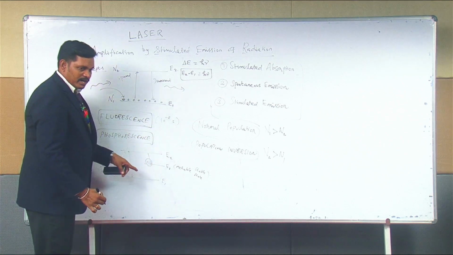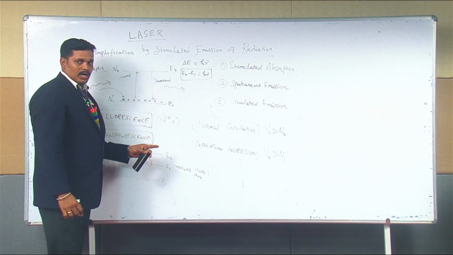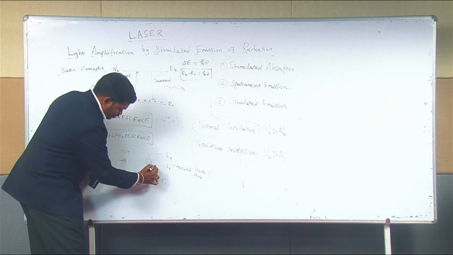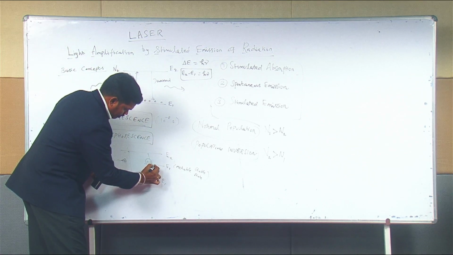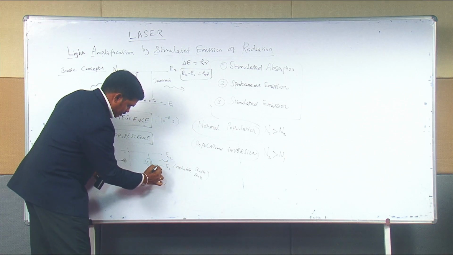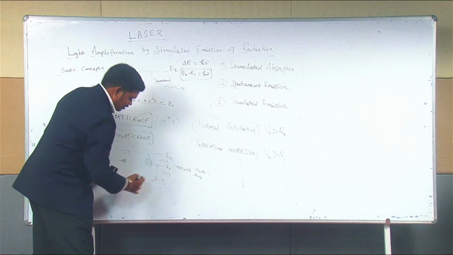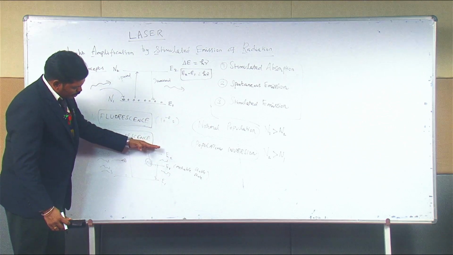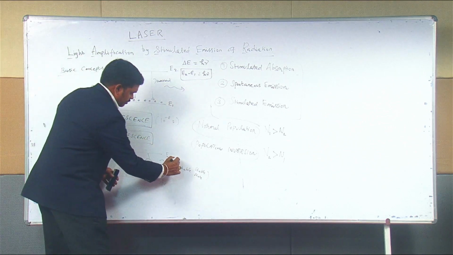If it gains more energy, definitely according to the law of conservation of energy it should release it. So during this transition it can radiate. Most of the cases, when it transfers from E2 to E3, it can radiate the laser.